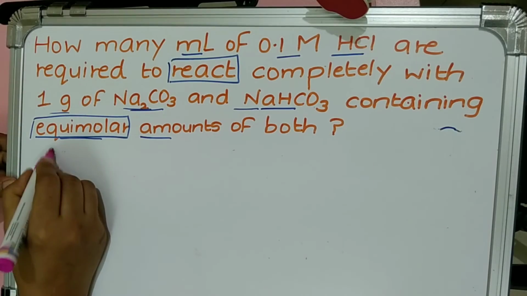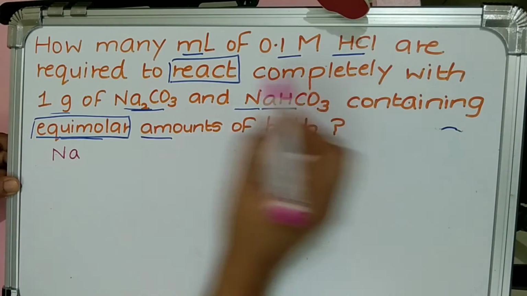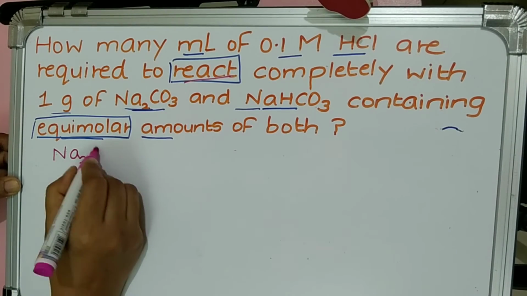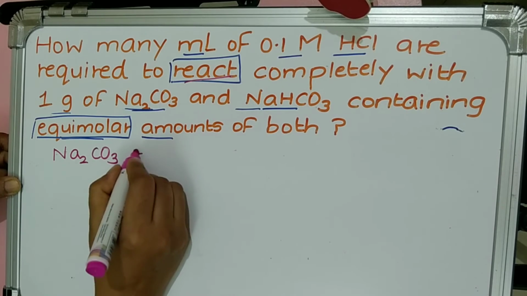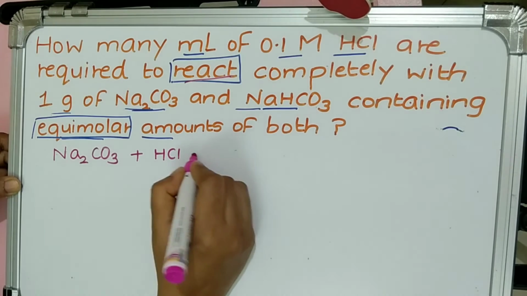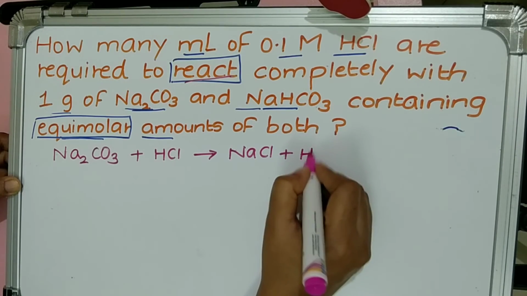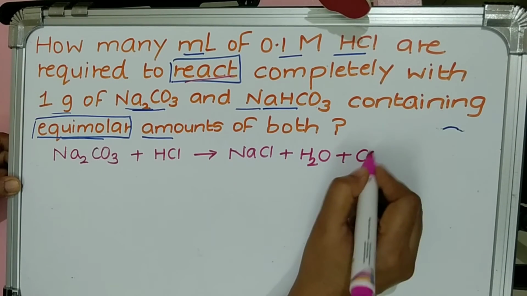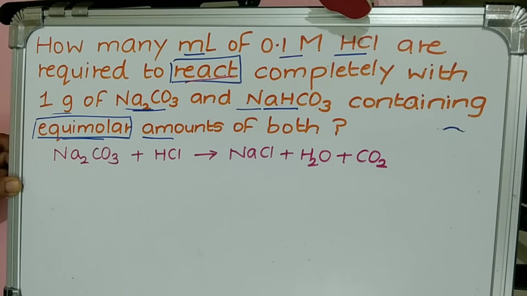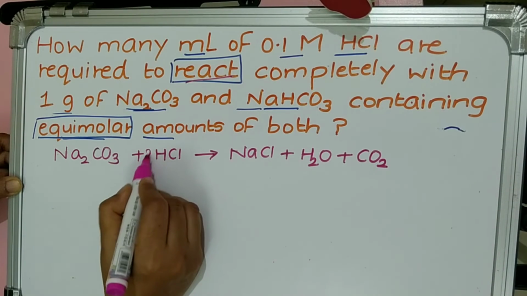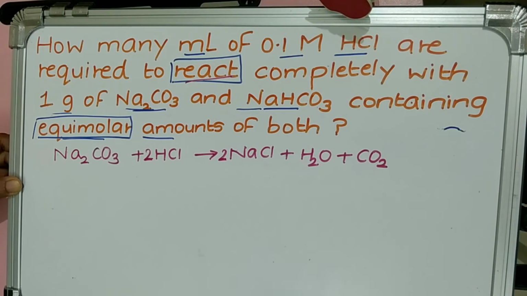So Na2CO3, because the word is given reacted, Na2CO3 reacts with HCl and the products formed are NaCl plus water plus CO2. You need to balance this equation. So balancing the equation, I'll write here 2HCl and 2NaCl.